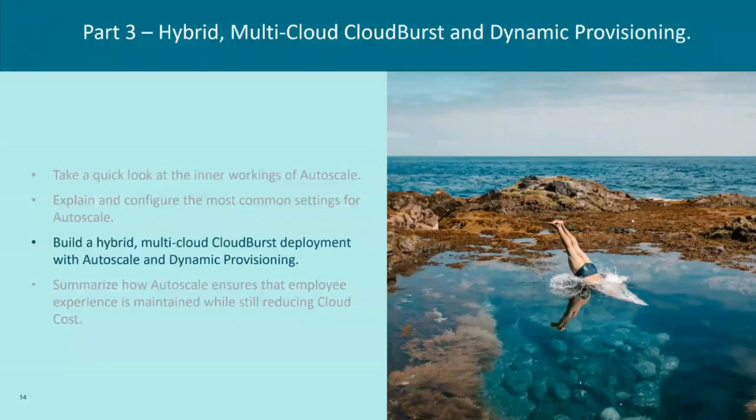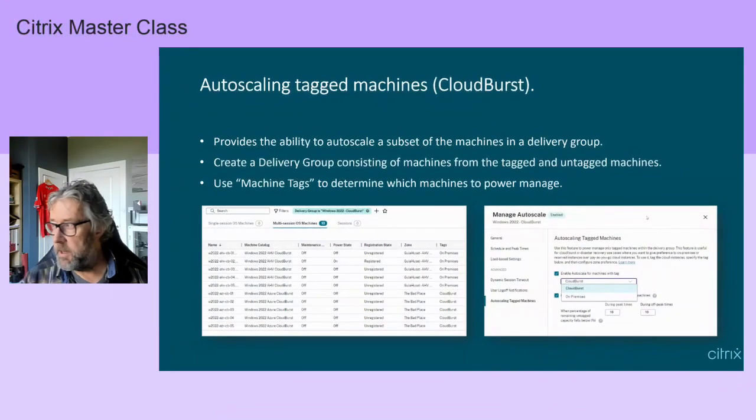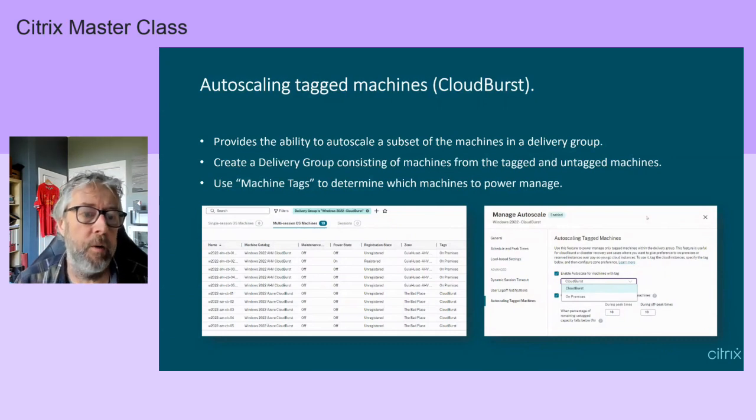So another example, and this is how we can use the real power of Autoscale. Use the real power of the hybrid multi-cloud story that we tell. So being able to build a cloud burst deployment using Autoscale and dynamic provisioning. So before we go through the example, what is this autoscaling with tag machines, or what am I trying to explain when I talk about cloud burst?